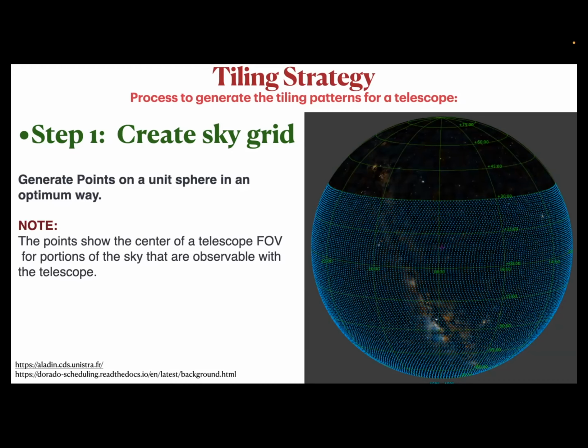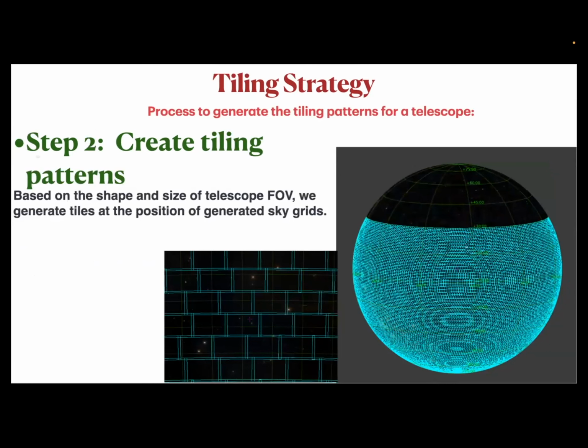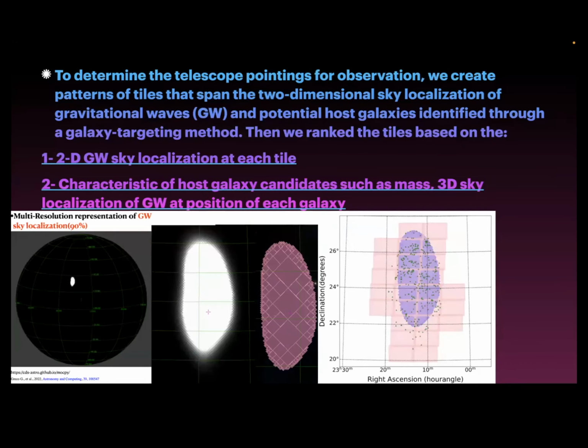So at first we fix the centers of the field of view of the telescopes, and based on the size and shape of the telescopes, we create the tiling pattern like this. For example, this is for telescopes that have a rectangular shape.